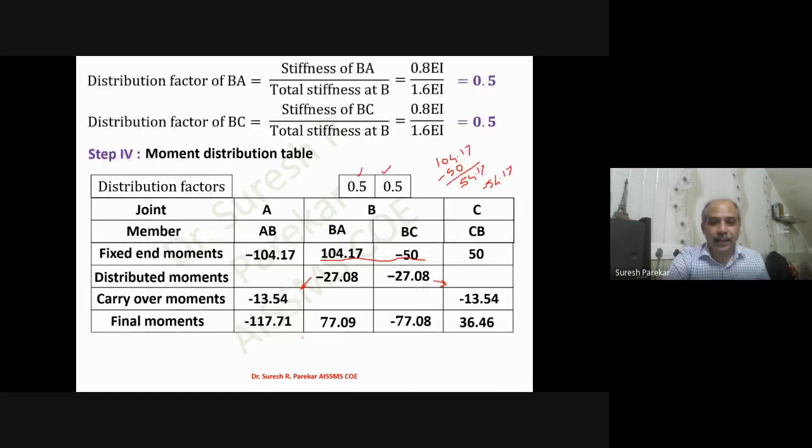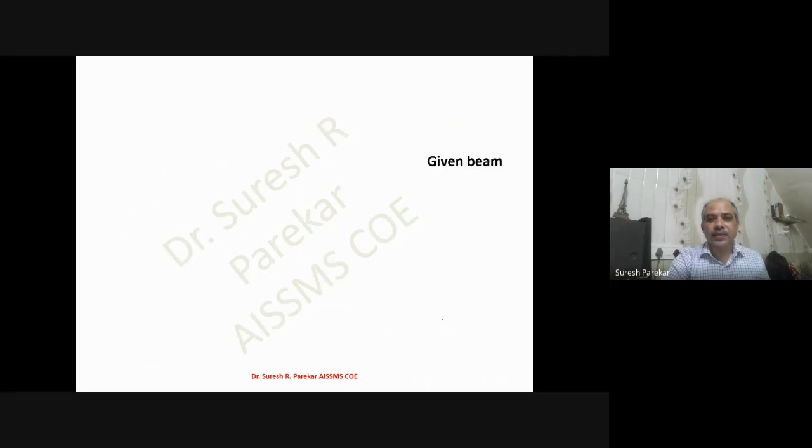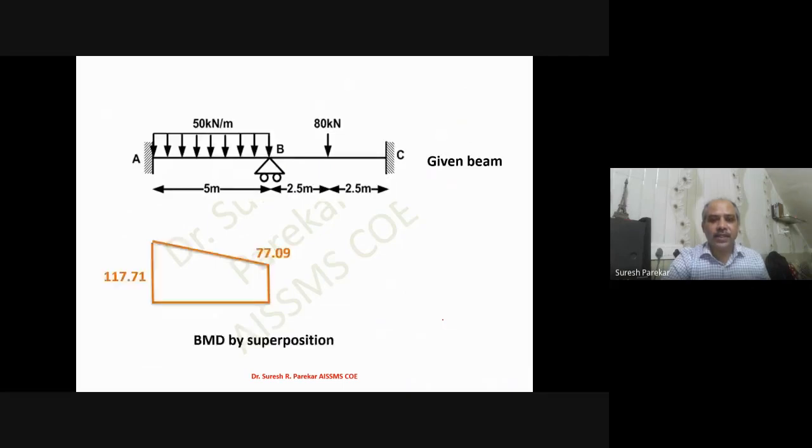So I have MAB minus 117.71, MBA 77.09, MBC minus 77.08, MCB 36.46. You can see we have plotted 117.71 at A, 77.09 at B, 36.46 at C, then WL square by 8, 50 into 5 square by 8, 156.25, and WL by 4, which we get as 100. So this is BMD by superposition.